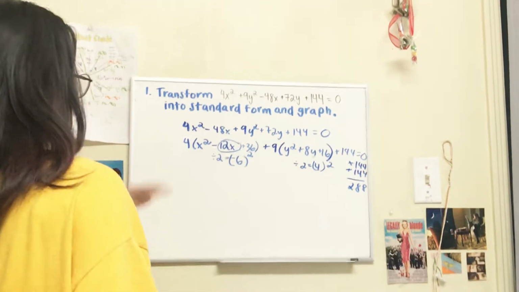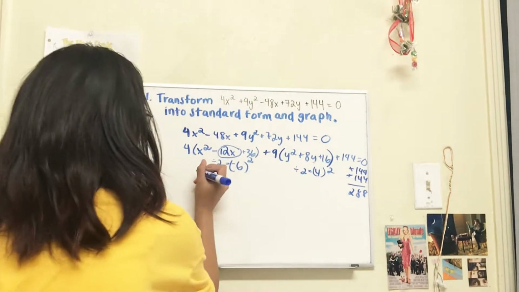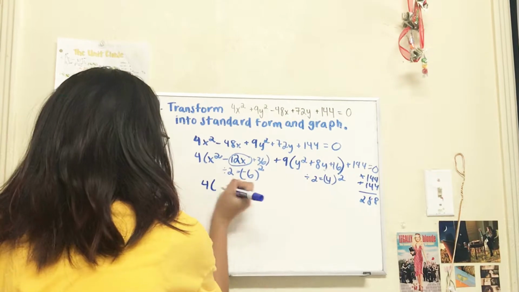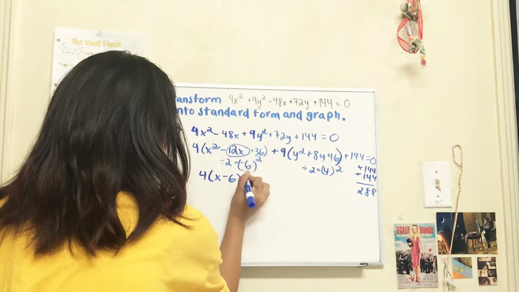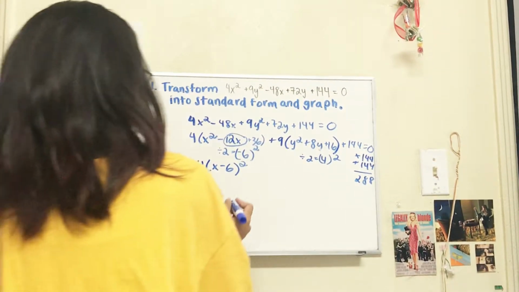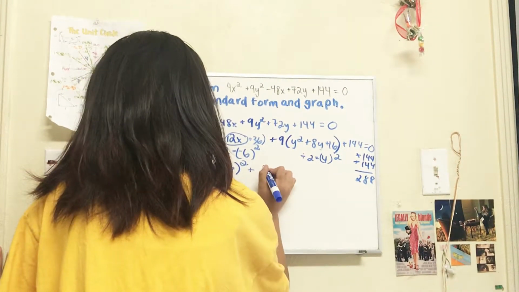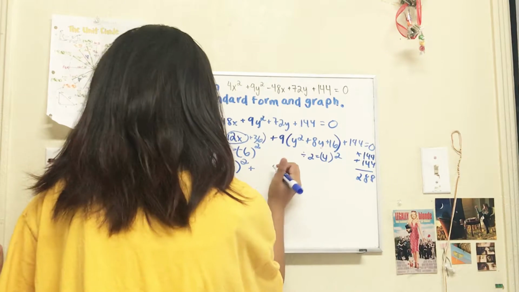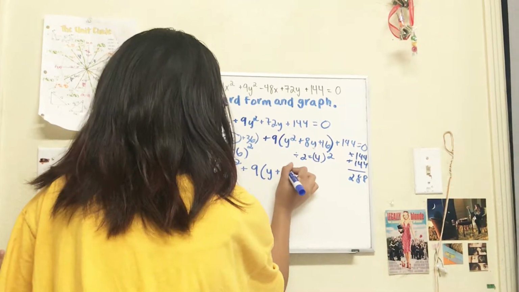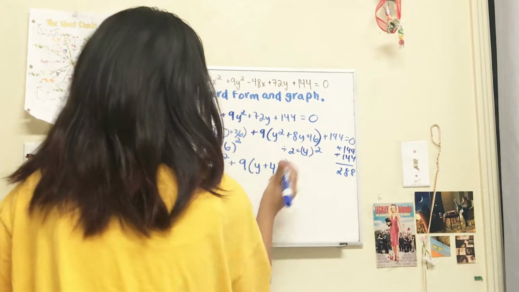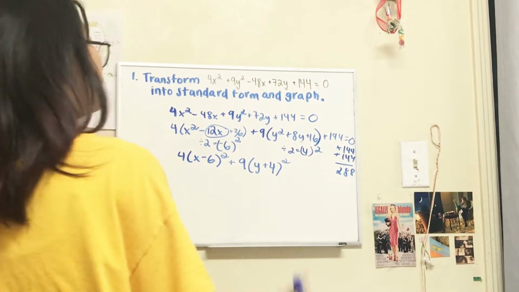So now, to get the perfect square, we are going to do 4 multiplied by x minus 6, as we found, squared, and then we move over to the y section, and then we get 9 multiplied by y plus 4 squared in order to find the standard form of an ellipse.